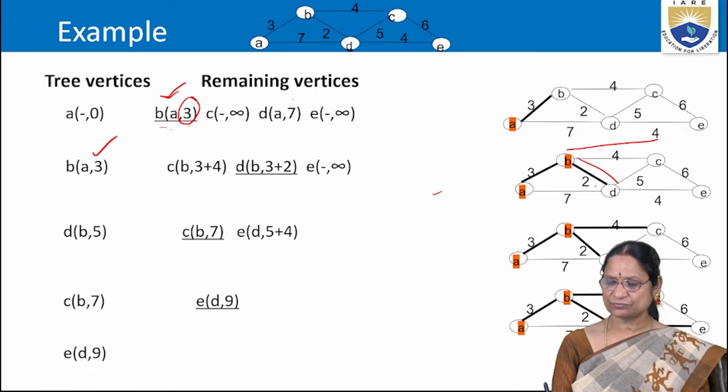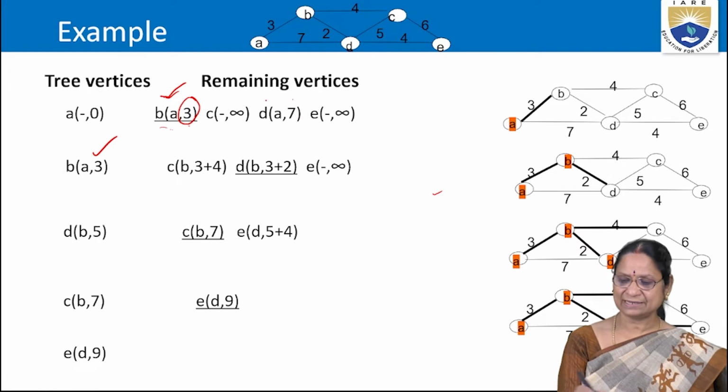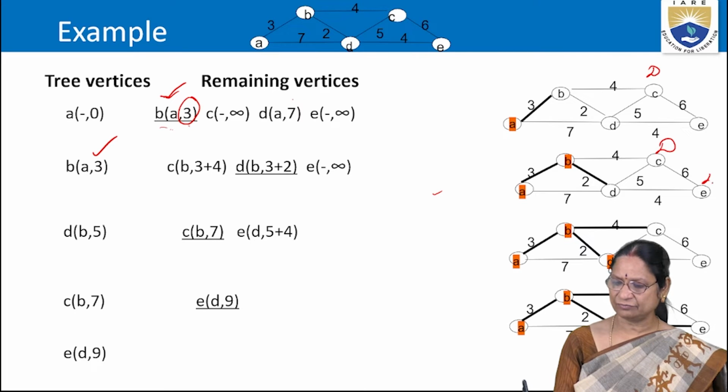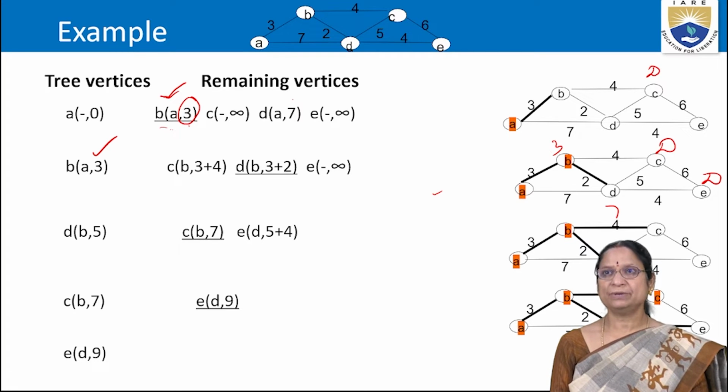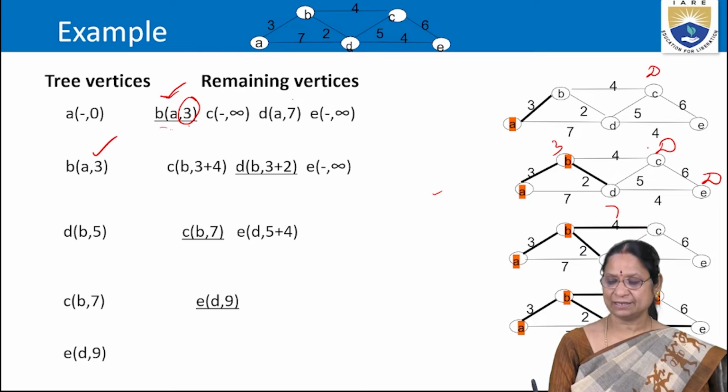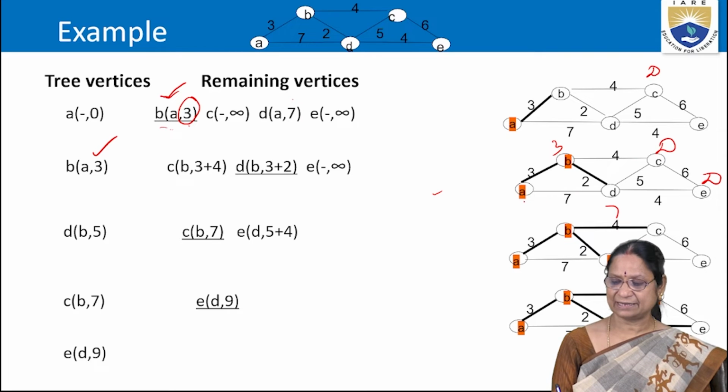What is the cost of B to C? Estimated cost previously is infinity only. Here infinity, here 7, it is 3. So B to C estimated cost is infinity previously, but I can reach C. What is the distance?